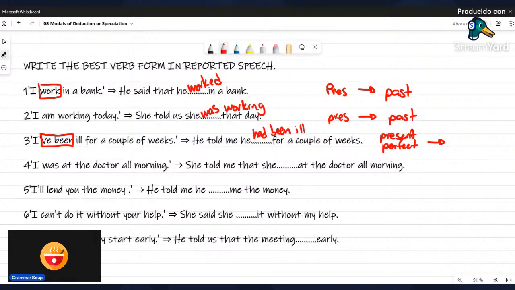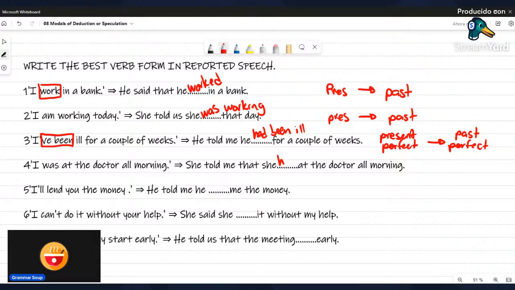Number 4. I was at the doctor all morning. She told me that she had been at the doctor all morning. You see, I'm using a past verb. Yes, was is in past.